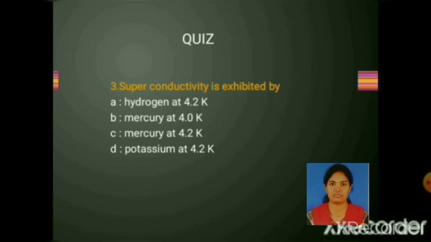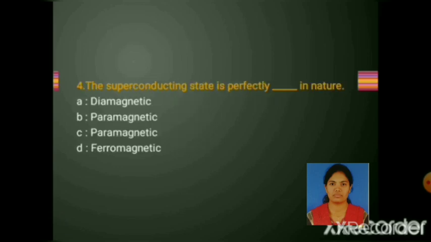Now superconductivity is exhibited by hydrogen at 4.2 Kelvin, mercury at 4.0 Kelvin, mercury at 4.2 Kelvin, or potassium at 4.2 Kelvin. It is mercury at 4.2 Kelvin. This is what we have seen in the example of superconductivity.